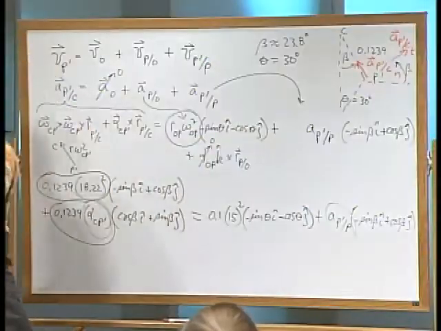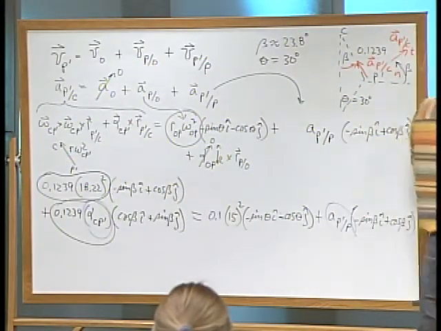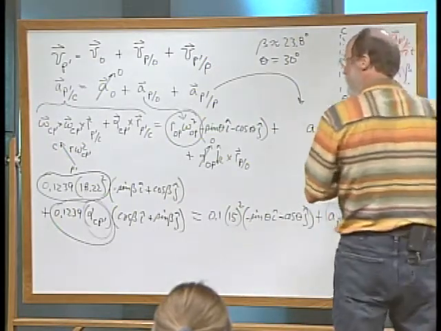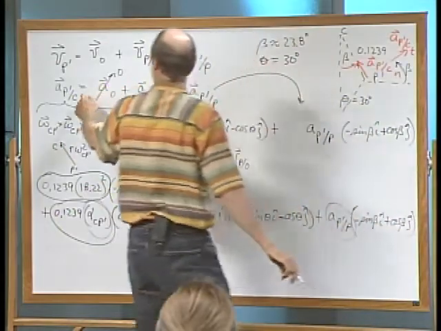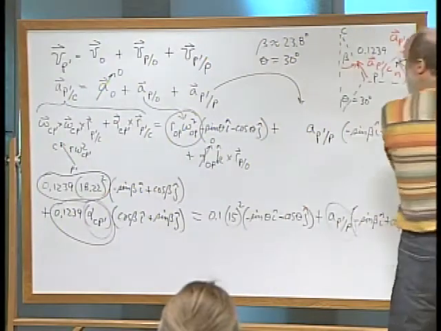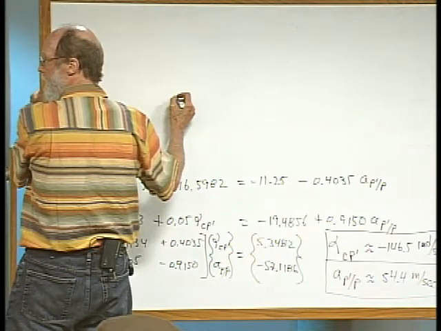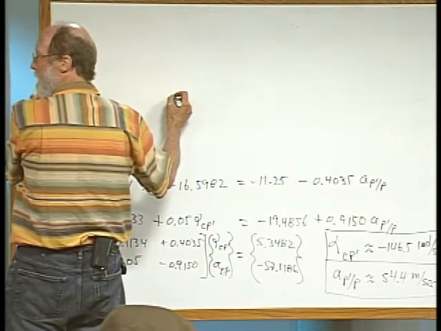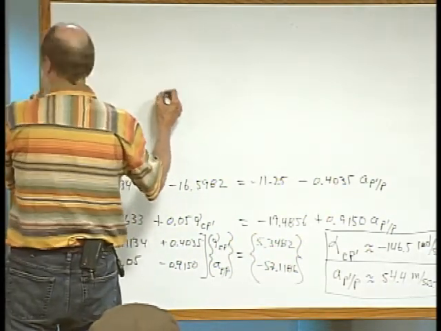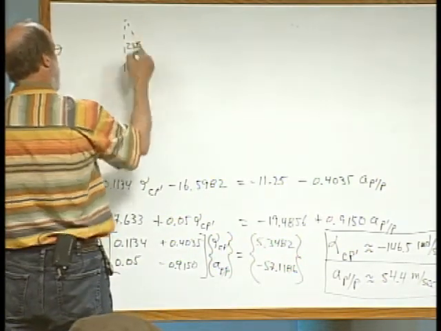Okay. We'll come over to the last board here and see what we have. So we look at the governing equation. P prime relative to C has a normal that points from P prime back towards C. And so we have to go up, and this is 23.8 degrees off of the vertical.